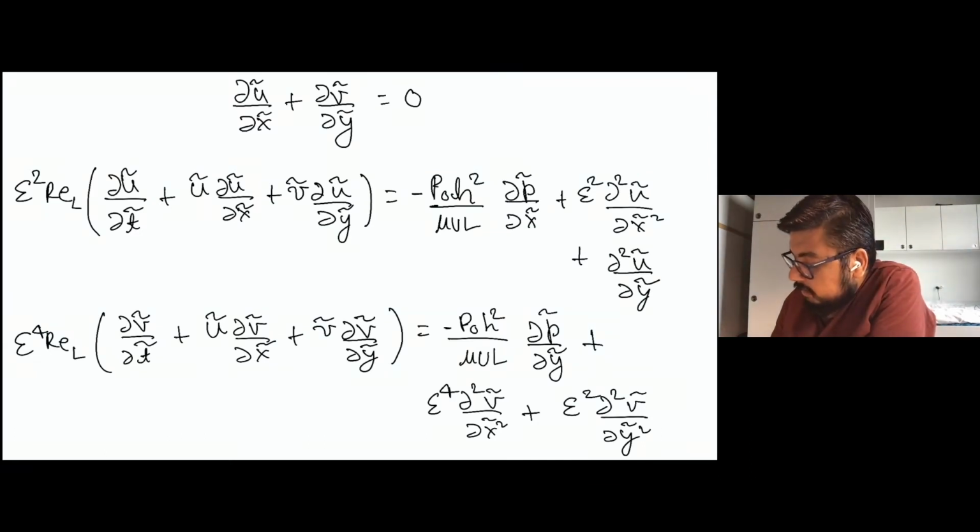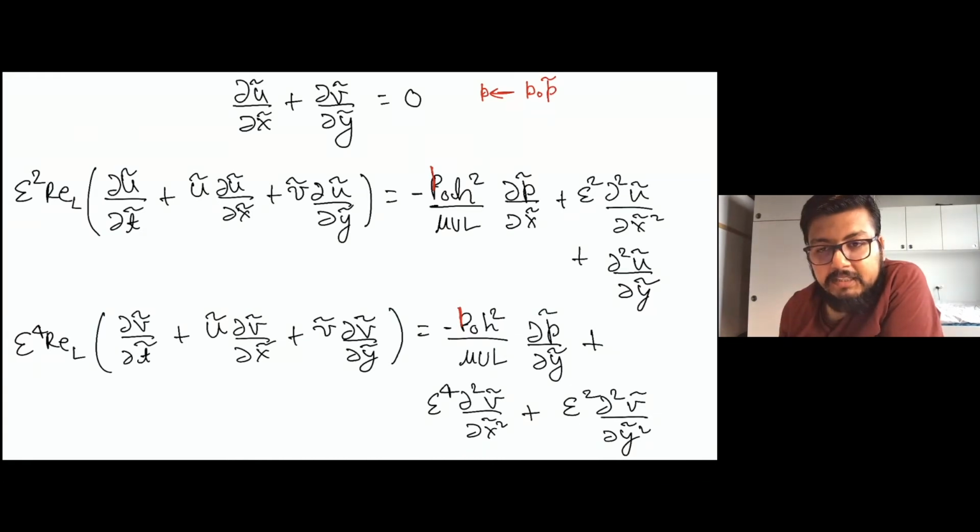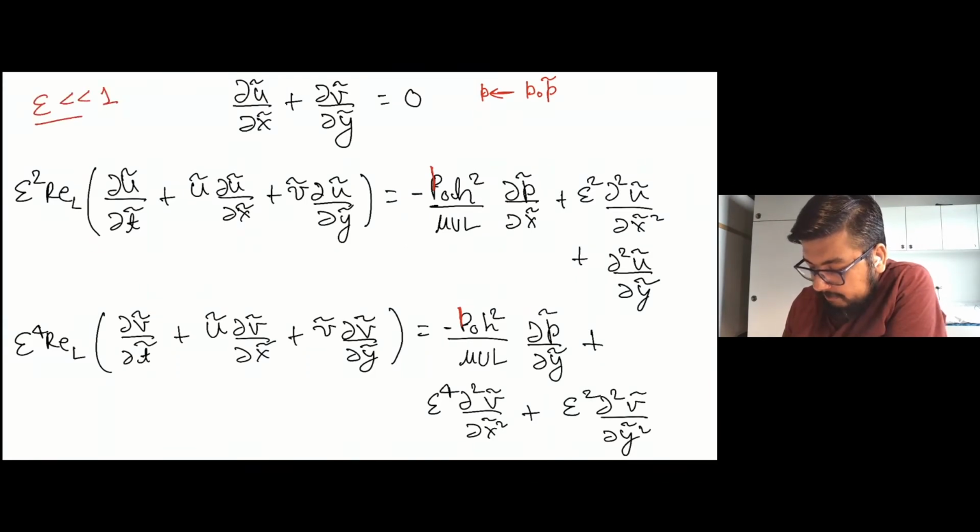Note that I have used another scale over here, which is the pressure scale P naught, and so the pressure would be replaced with P naught times P tilde, as you can see over here. Now, with these equations in mind, let us try and use the lubrication approximation that we introduced in this lecture, which is to say that epsilon is much smaller than 1.